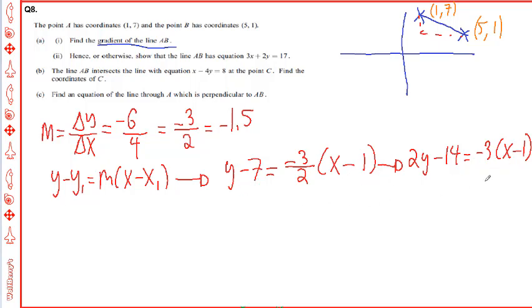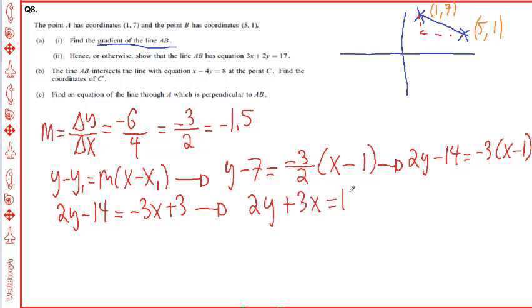Now simplify, expand the bracket, so we get 2y minus 14 equals minus 3x plus 3. Rearrange it so it looks like that. Move that there, move that there, so it becomes 17. So you get 2y plus 3x equals 17, which is the same as that, except the 3x is at the beginning. It doesn't matter where you put that.